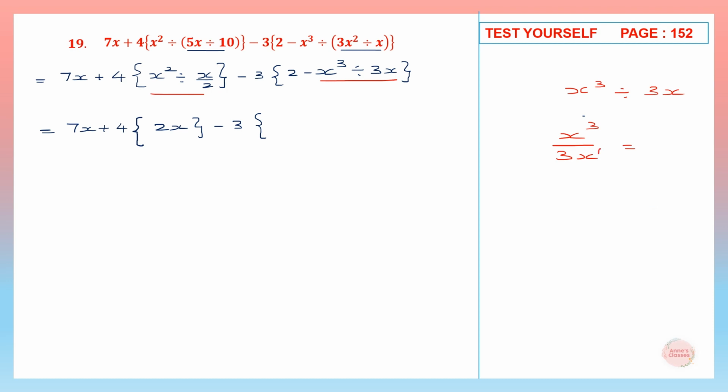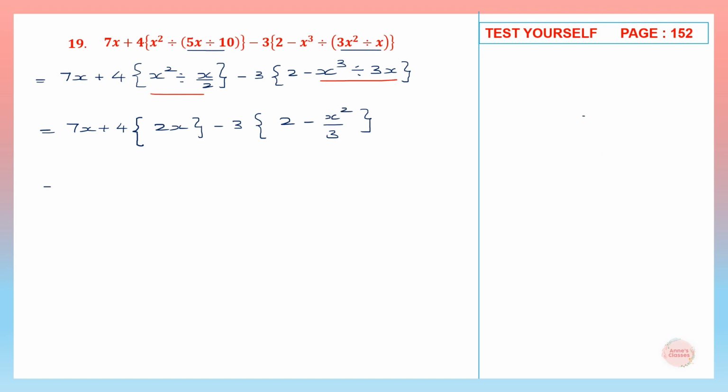So now in the numerator we have 1, x to the power of 3 minus 1, and in the denominator we have 3. So here it is 1 by 3, x to the power of 3 minus 1 is 2. So 1 by 3 x square. So this is 2 minus 1 by 3 x square, or 1 into x square is x square. So x square by 3.